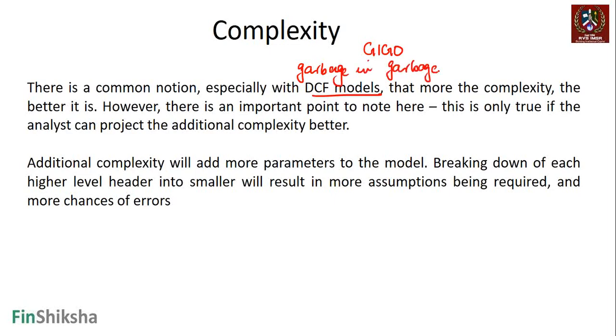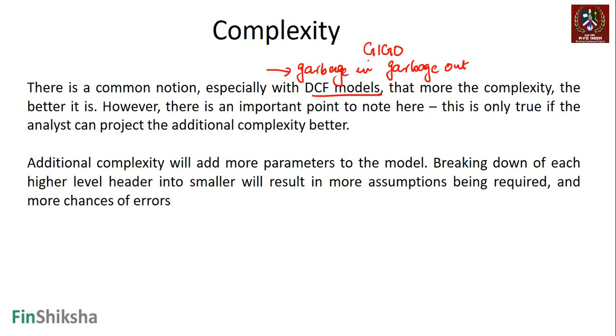This is a term taken from the computer science industry. And what does this mean? That if you put in an incorrect input, it's going to throw an incorrect output, right? So if you create a very fancy model, but you're not sure of the inputs, then the moment you put in an incorrect input, it's going to give you an incorrect output, right?